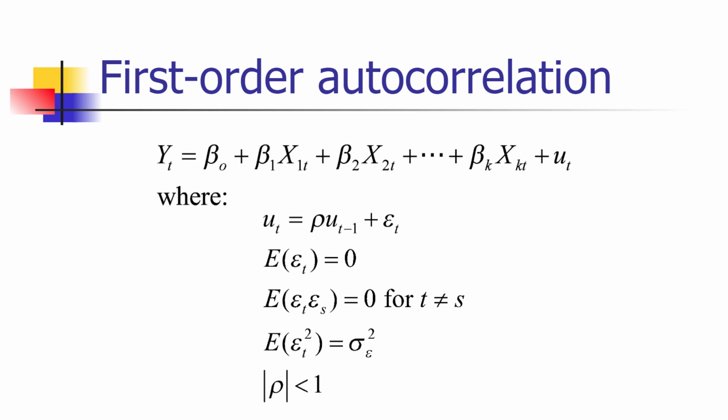The expected value of a white noise error process is 0, and the expected value of the product of any two epsilons is 0 when t is not equal to s, but the variance of epsilon t we define to be sigma squared sub epsilon. And this white noise process is ultimately the type of thing we've been assuming about the error terms in regressions under the classical regression model. So we're decomposing the error term into one part that's explained by the past and another part that's purely random.